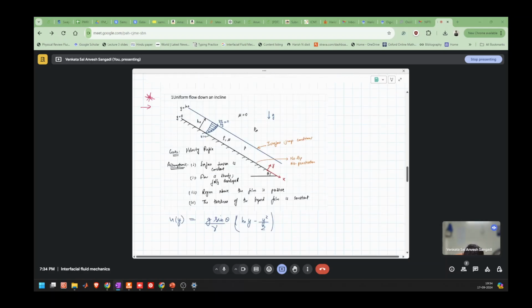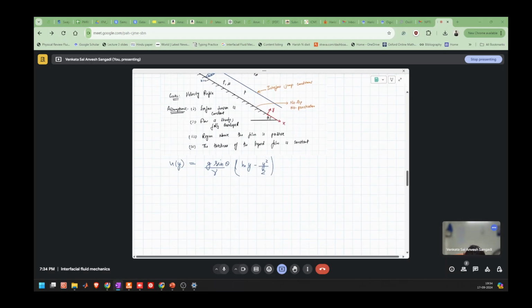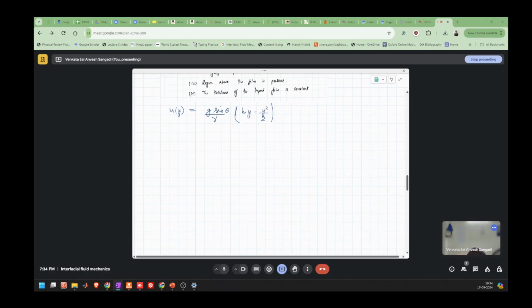So the flow rate is given by velocity times the area through which the velocity is flowing. So here we have the integral of u(y) dA, which, taking a unit width, we have dy, which then becomes the integral from 0 to h naught of u(y) dy.